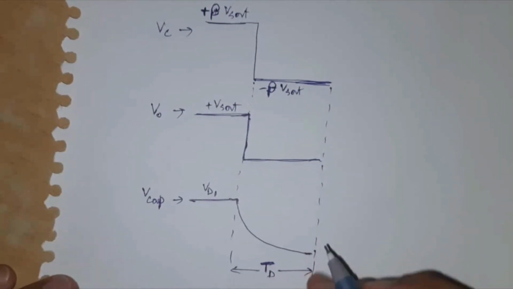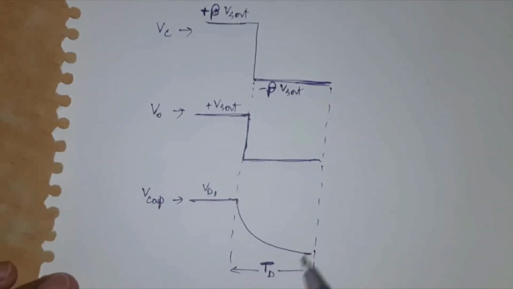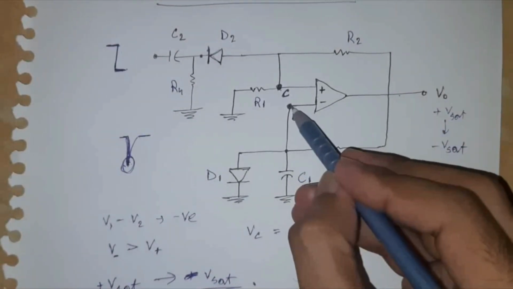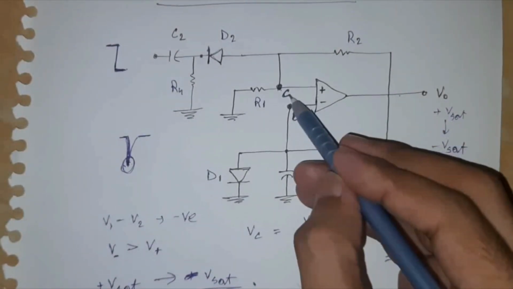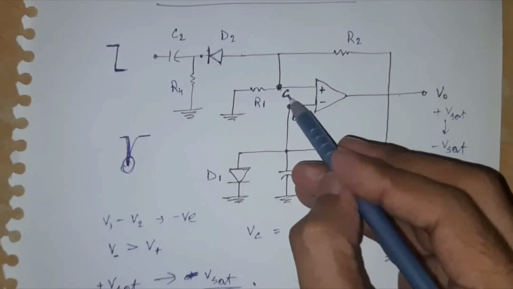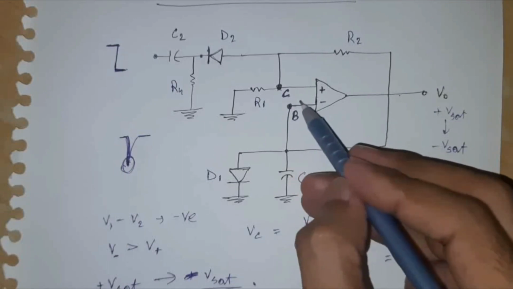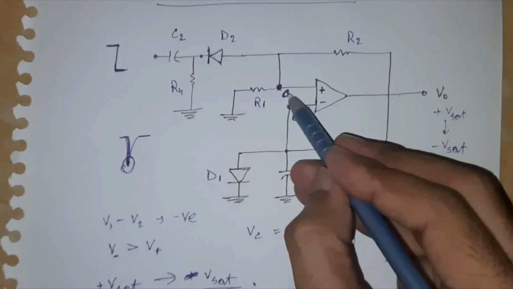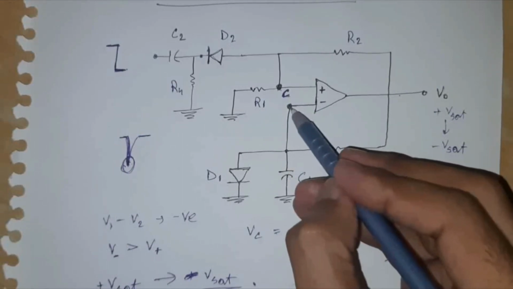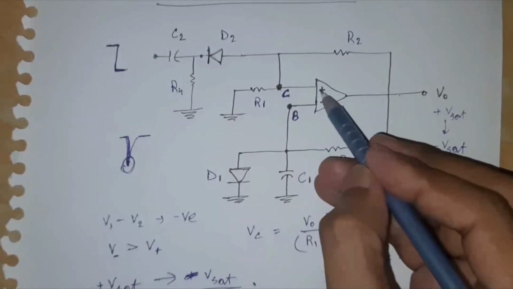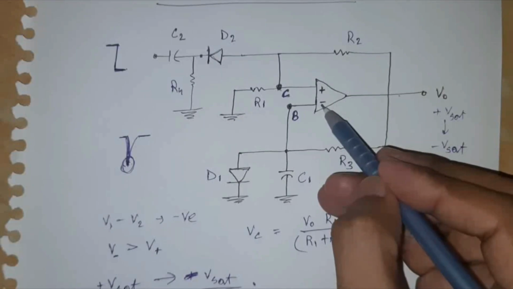one thing should be very clear, that this will stop whenever this voltage VB comes down to VC. The value of VC is minus beta VSAT, and as soon as VB goes below VC, the non-inverting terminal will be at a higher potential than the inverting terminal.